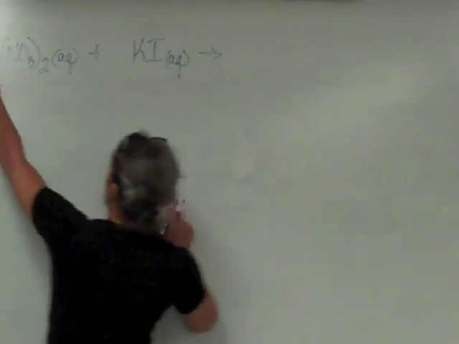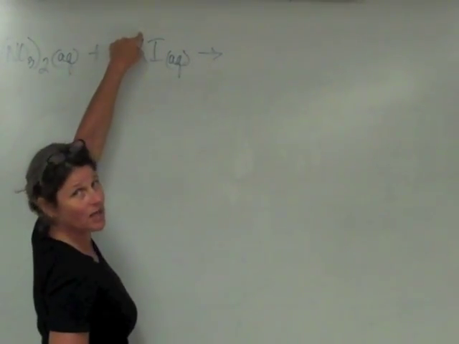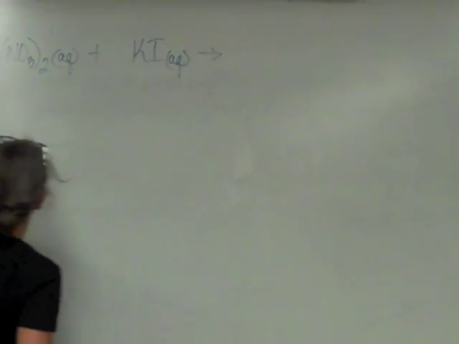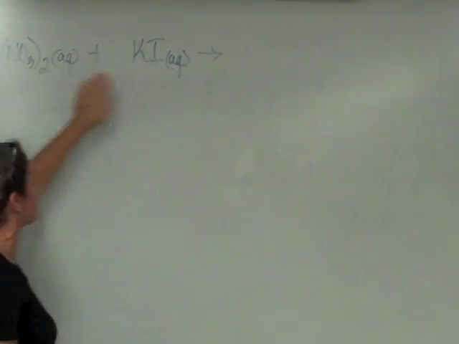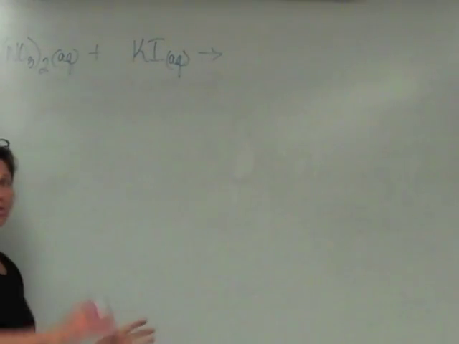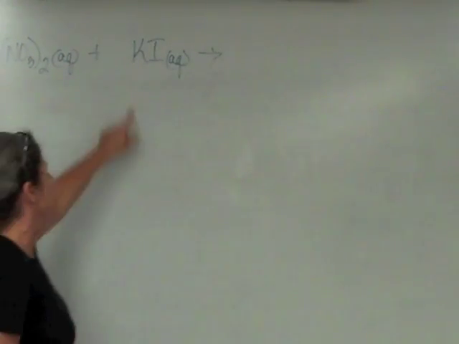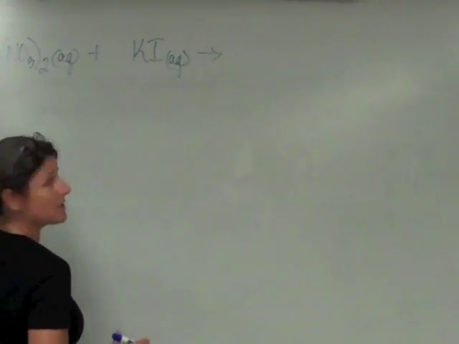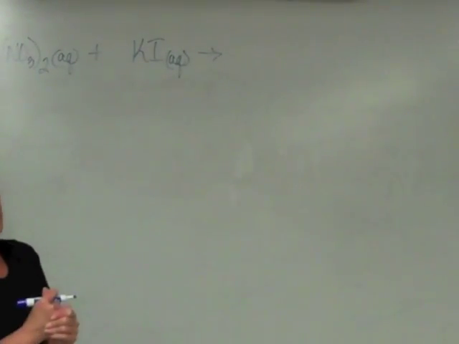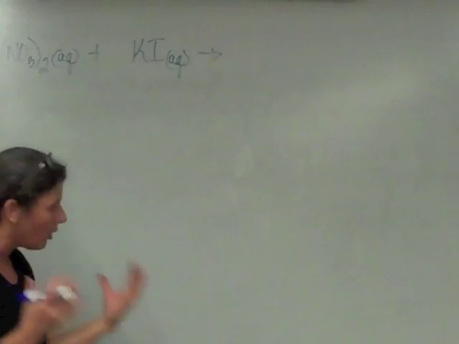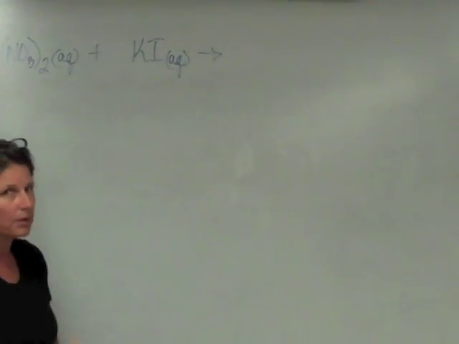So the lead is going to pair up with the iodide, and the potassium is going to pair up with the nitrate. A double replacement. Potassium replaces lead, and lead replaces the potassium. All precipitation reactions are double replacement.